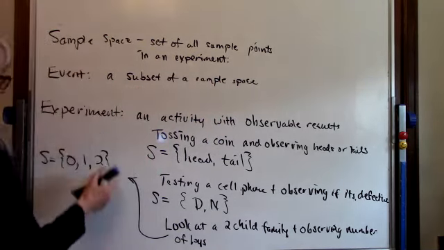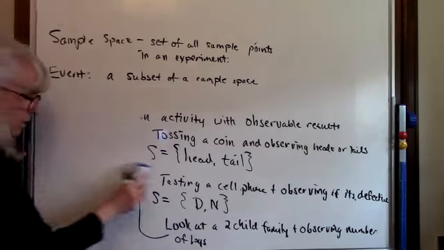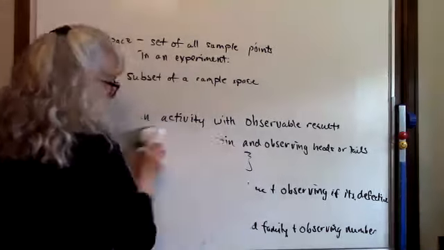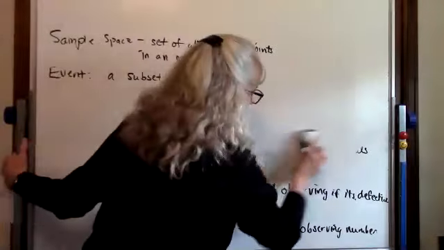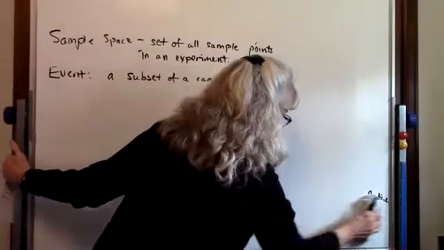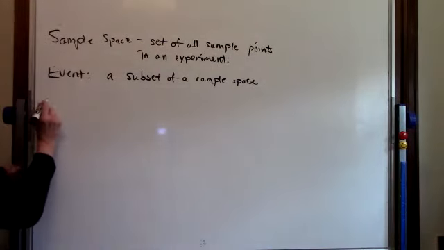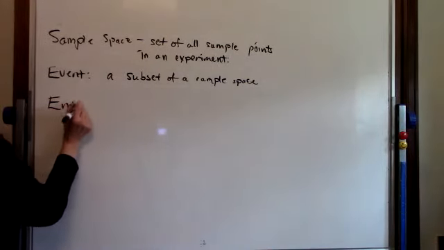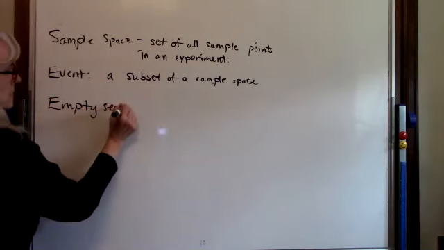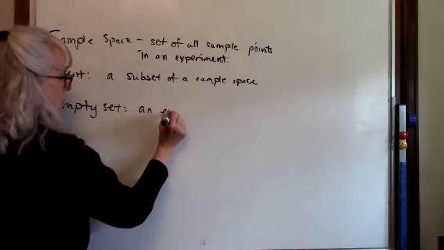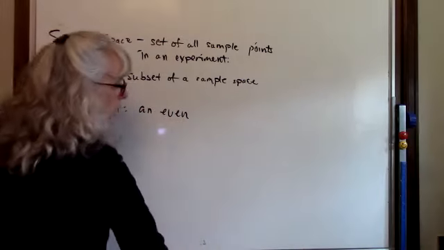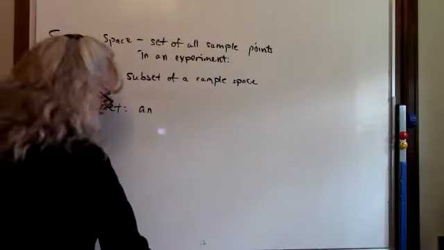The next three words we should be familiar with because we did talk about them already. We have the idea of an impossible event. That's an event that cannot occur. That's our empty set.